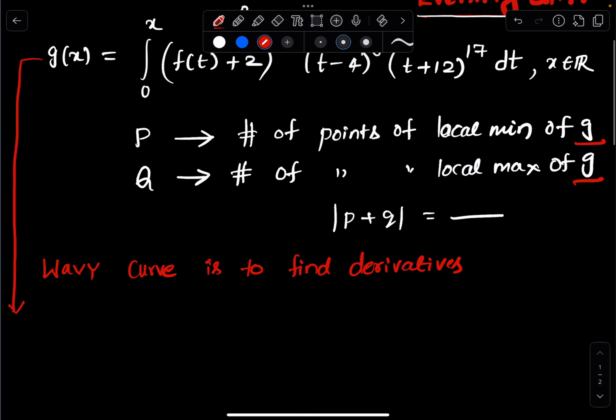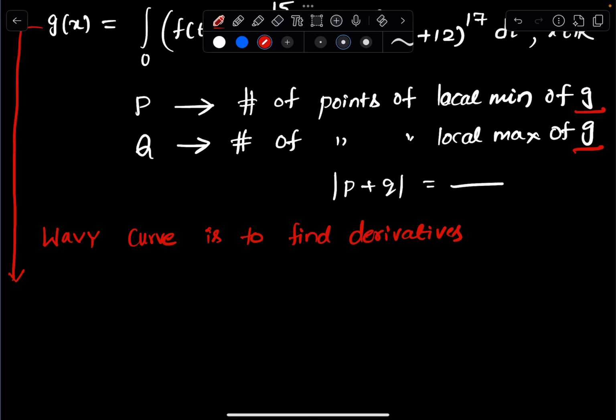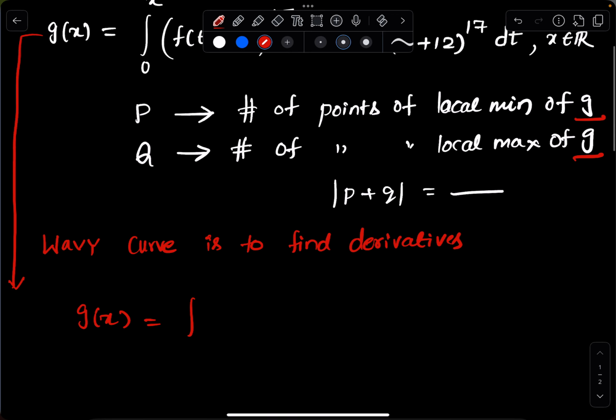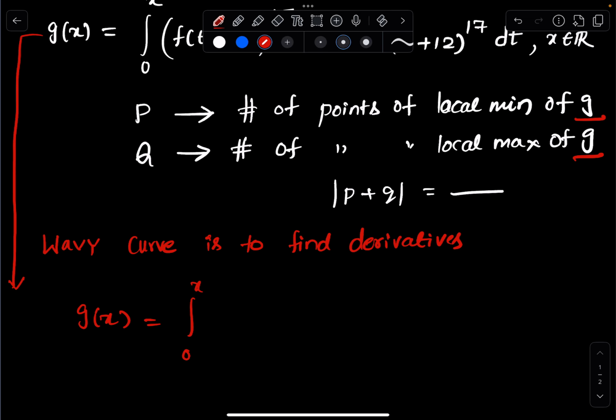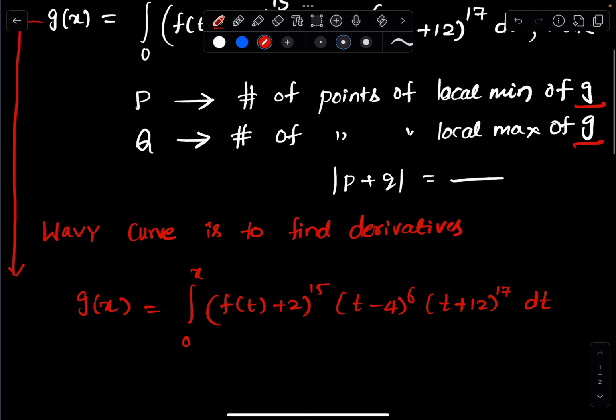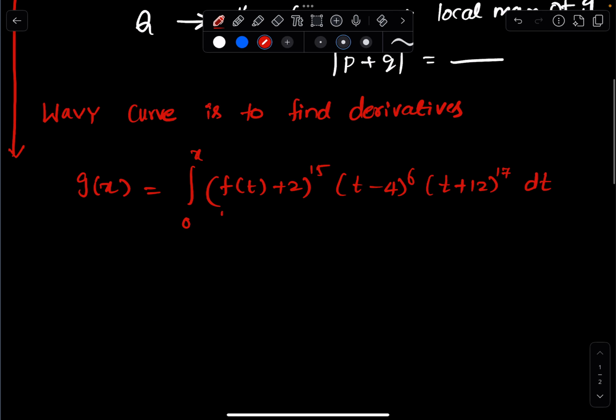So what is the function? g of x is equal to integral 0 to x of (f of t plus 2) whole power 15 multiplied by (t minus 4) whole power 6 multiplied by (t plus 12) whole power 17 dt. If you observe, the entire integrand is in terms of t.